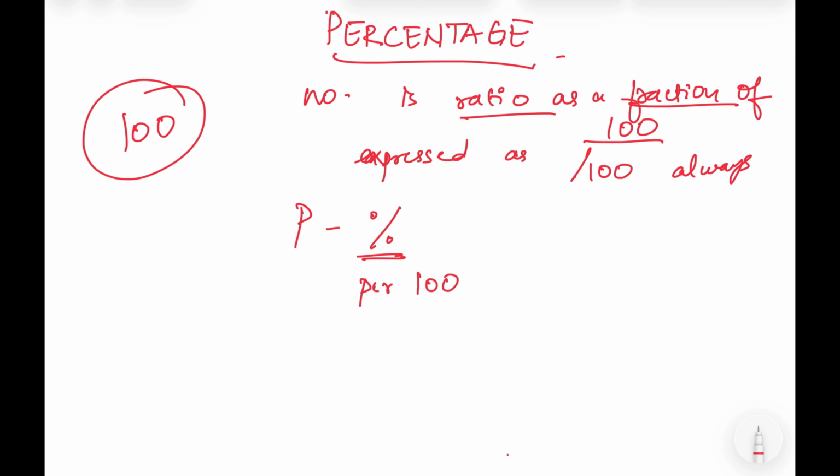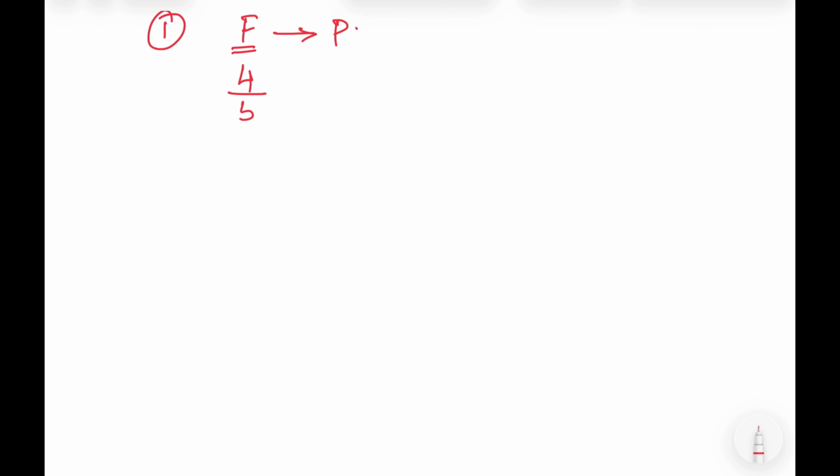Now after this we will study how to do conversion, how to convert fraction into percentage, decimal into percentage, or how to find out the percentage if a certain whole number is given. So first, how to convert fraction into percentage. Suppose a fraction is given to you and that is 4 by 5. How do I convert that into percentage?